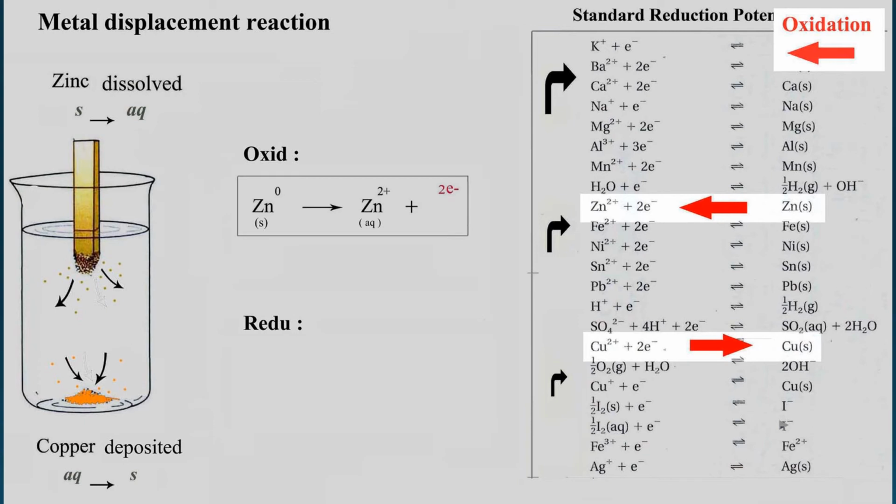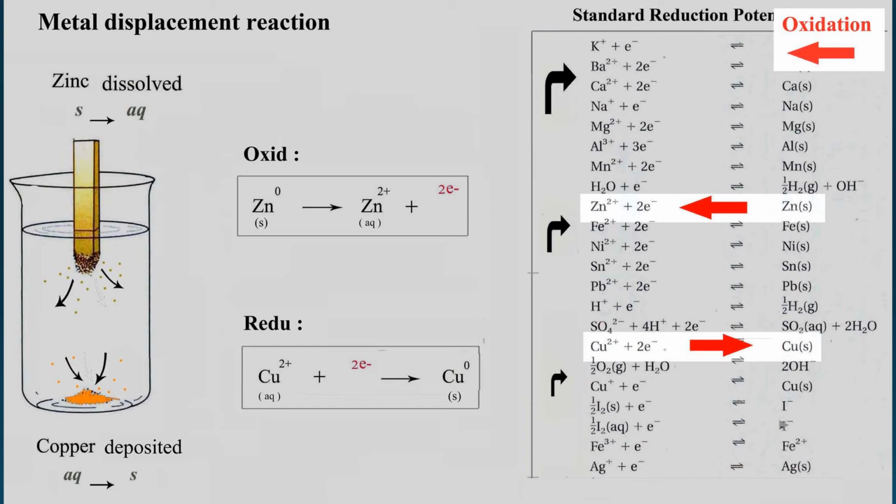Zinc, solid, becomes aqueous and gives electrons. Copper, same arrow: aqueous becomes solid.